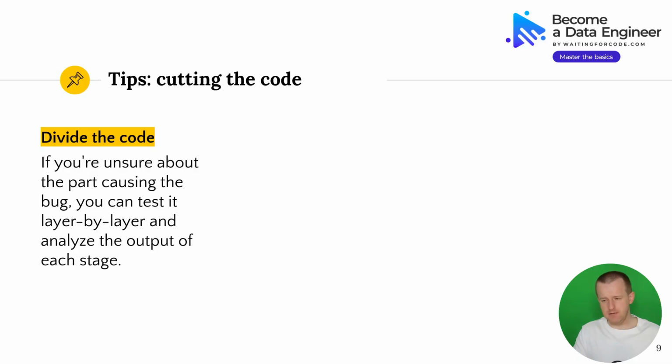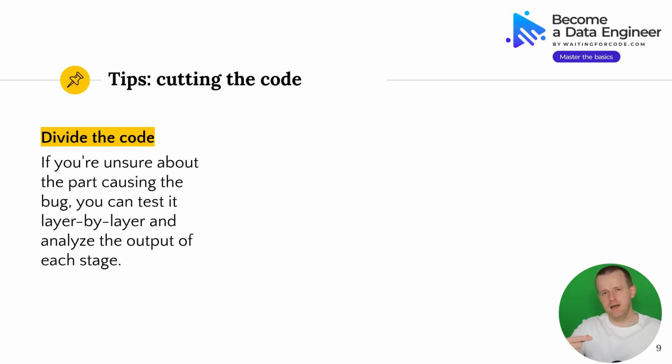Another tip is about cutting the code. So here is for the case when you have a problem and you completely don't know what's causing the problem. So by problem I mean maybe not all data are written to the output, or maybe some temporary or unexpected failures. And here the idea is, if you have your code of 10 lines, you simply divide it into multiple chunks and you test the first three lines.